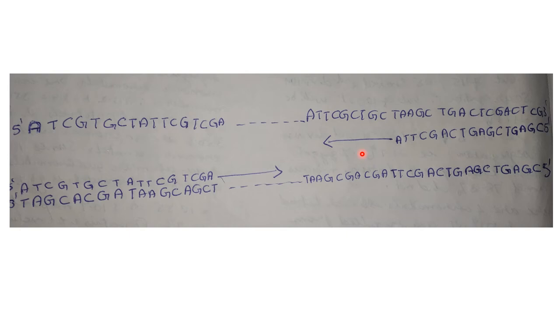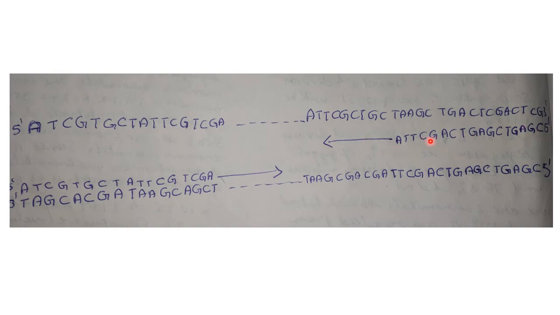Now the reverse primer will bind over here, and it will be complementary to this particular sequence but in the 5' to 3' direction. So this is the 3' end, so here we will write the 5' end. Complementary to this: C, G, A, G, T, C, G, A, G, T, C, A, G, C, T, T, A. That is the reverse primer.